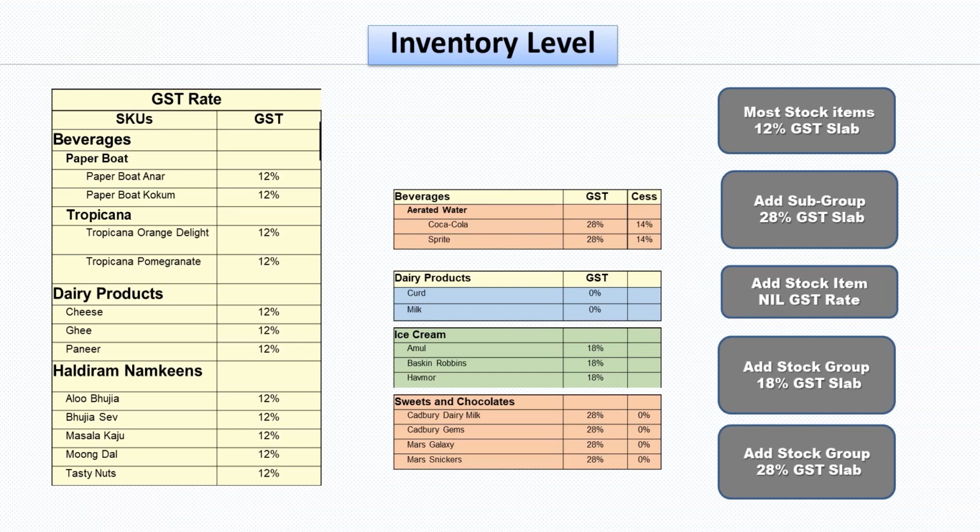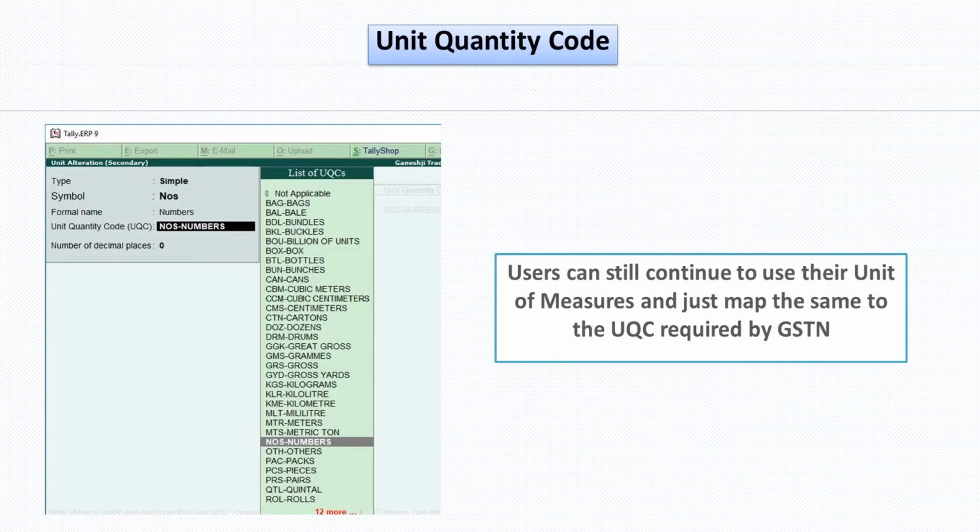That is also possible. As I was telling you, how we can configure the UQC, that is the unique quantity code. These are the standard drop down of UQC which the GST portal allows us. So let's say there are these various things, but you want something else which is not there here, let's say you want quintal.